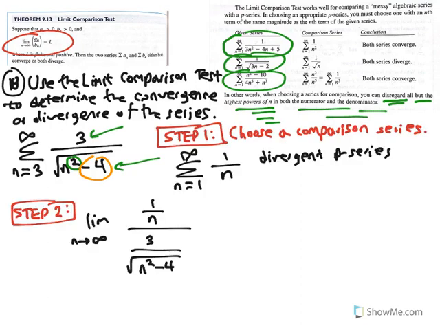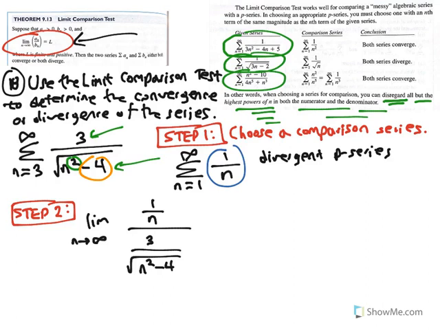Now we move on to step 2 of the process, in which we need to evaluate the limit from the limit comparison test. And you could have the nth term of the comparison series either in the numerator or the denominator, but for some problems it would be easier for you to evaluate the limit one way or the other.